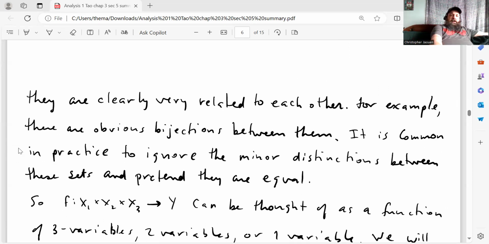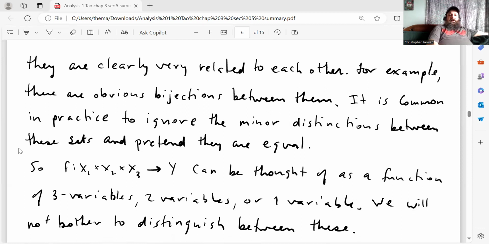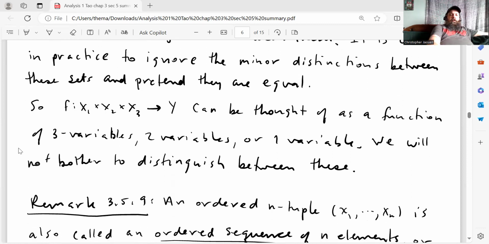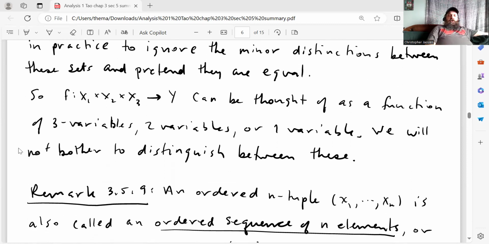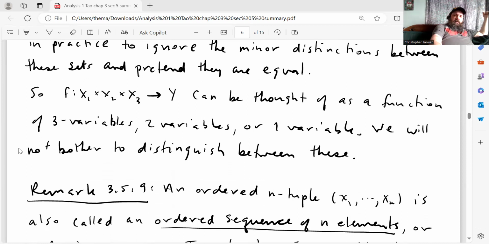It is common in practice to ignore the minor distinctions between these sets and pretend that they're equal. So for example, a function f from X1 times X2 times X3 to Y can be thought of as a function of three variables, two variables, or one variable, depending on how we group together the Cartesian products. But again, he says we'll not bother distinguishing them here.